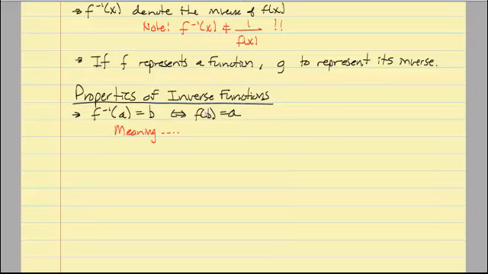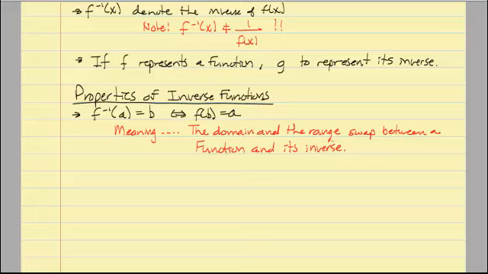So the meaning here is the domain and the range swap between a function and its inverse. So again, the domain of a function becomes the range of the inverse. The range of a function becomes the domain of the inverse, so I can swap the values for x and y.